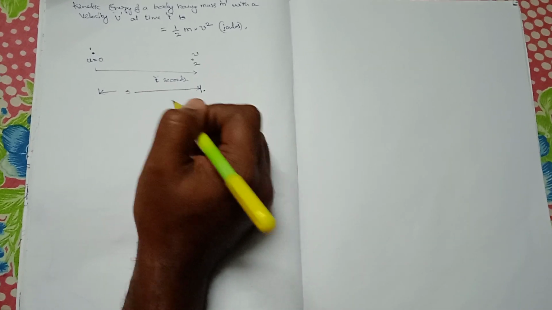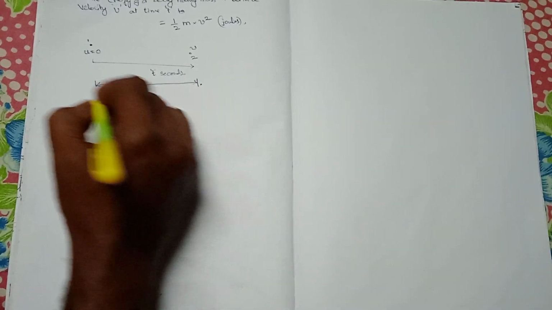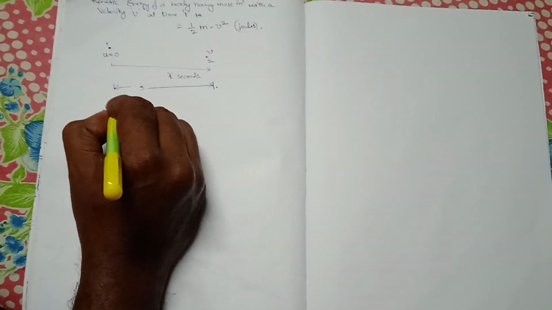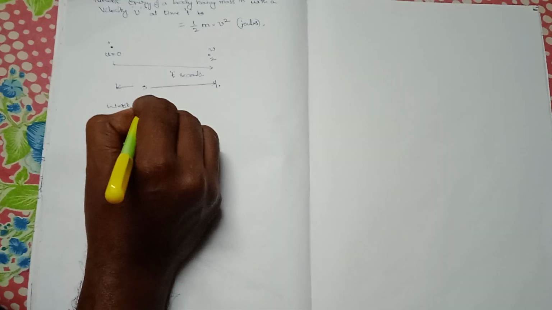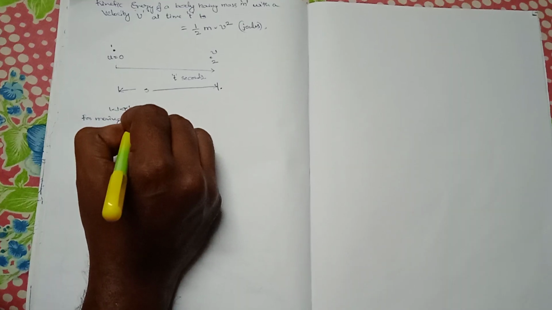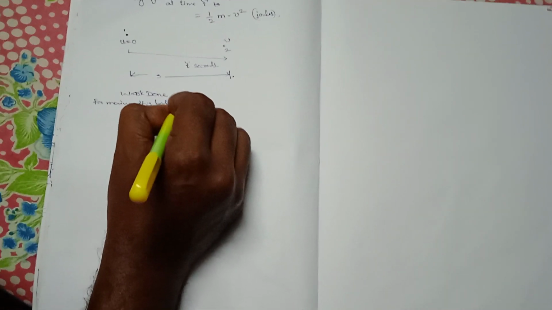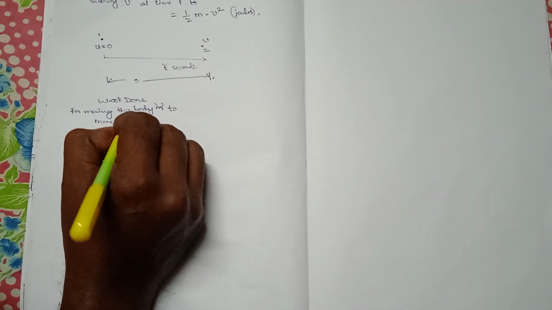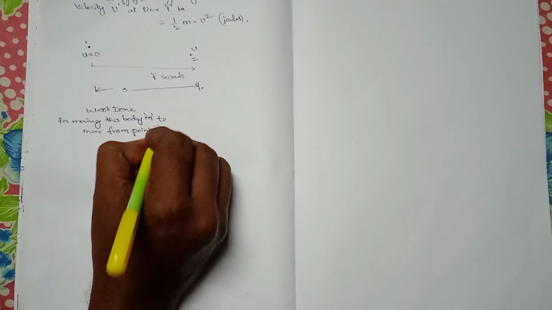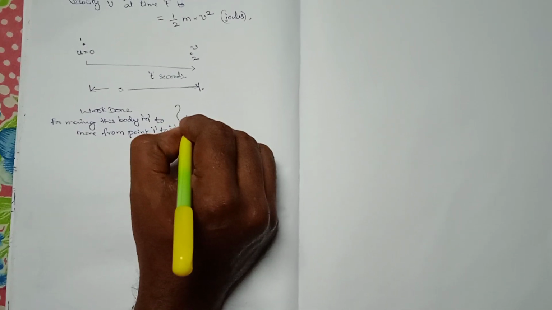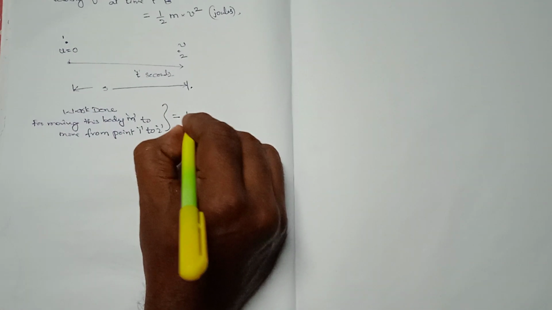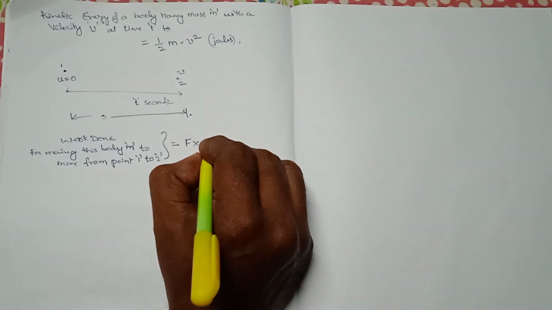So, the work done on this body in moving from point 1 to 2, that is, the work done for moving this body having mass m from point 1 to 2, is equal to the force applied on this body into distance s.